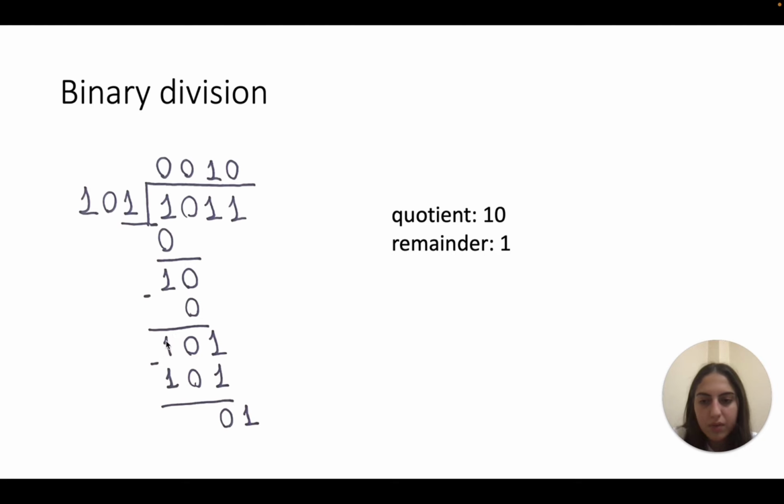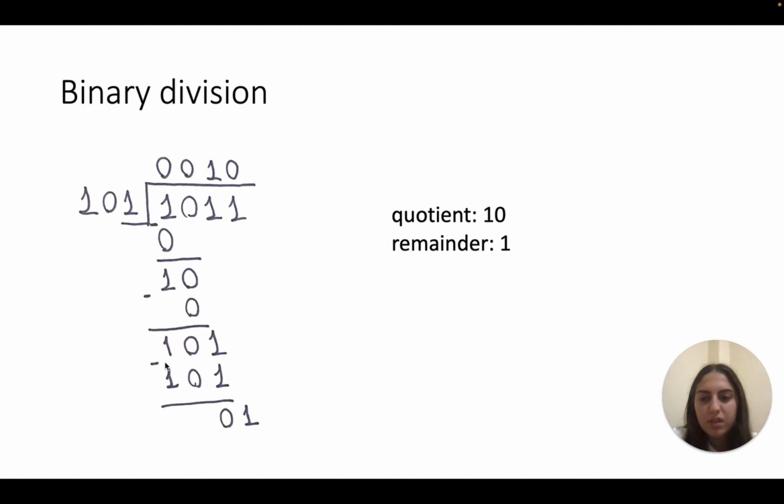So we'll have 10 here, and when we put the next number, which is 1, next to the 10, we'll get 101. And when we compare it with our divisor, we see that they are equivalent. That's why finally we can write a 1 here, because 1 multiplied by 101 is 101.